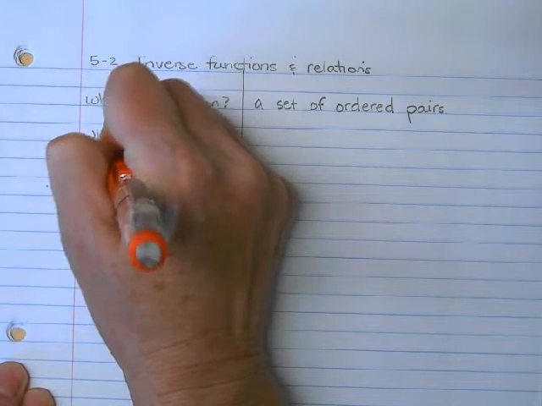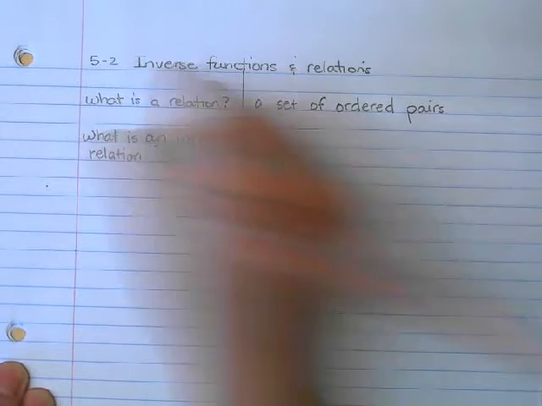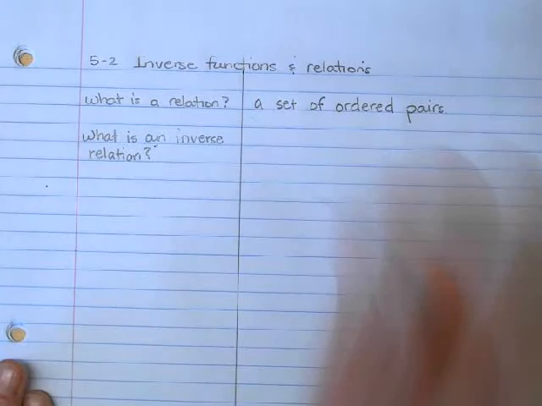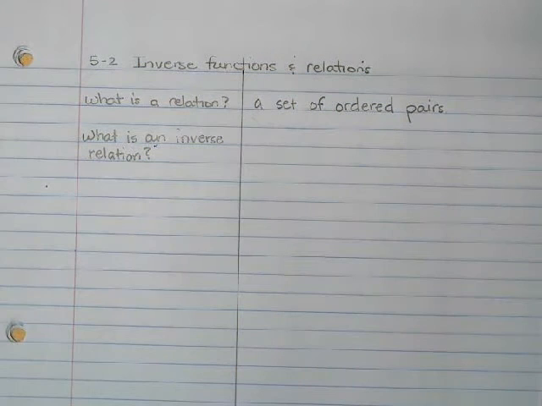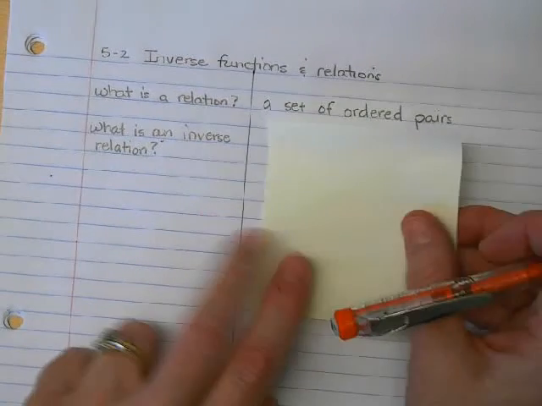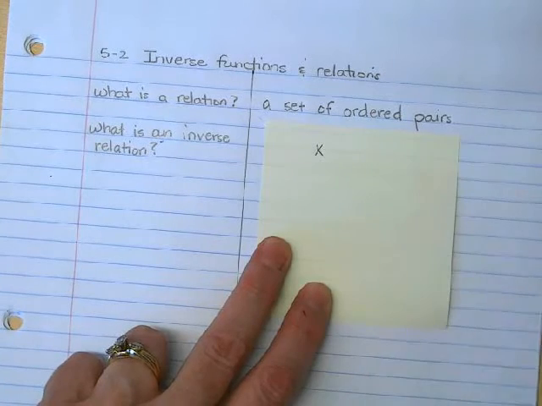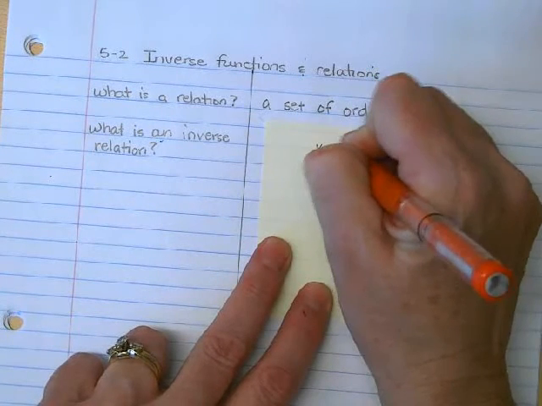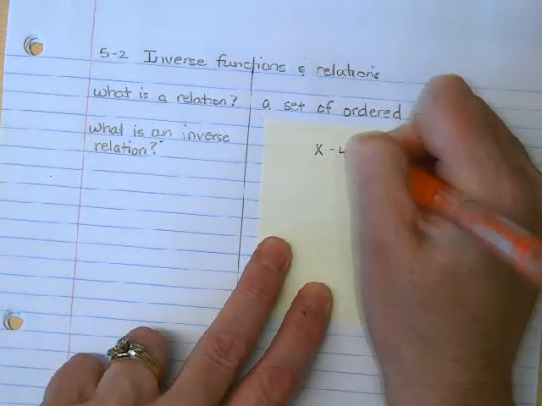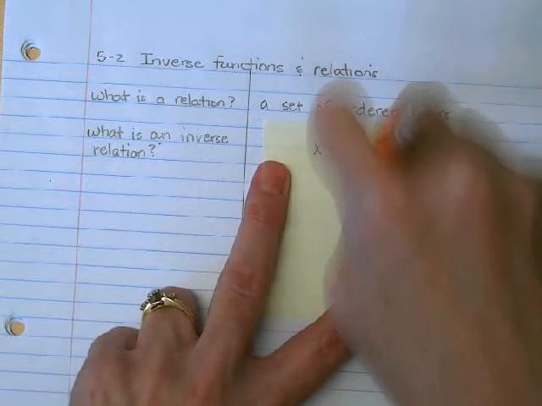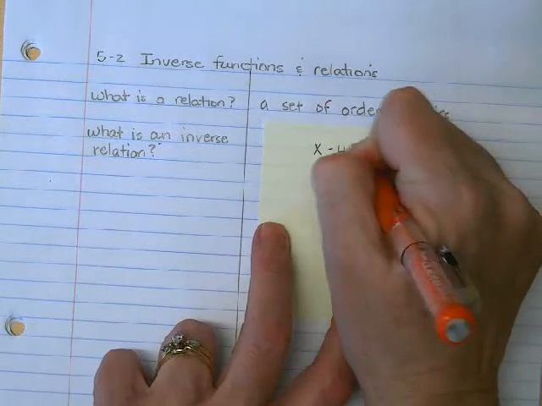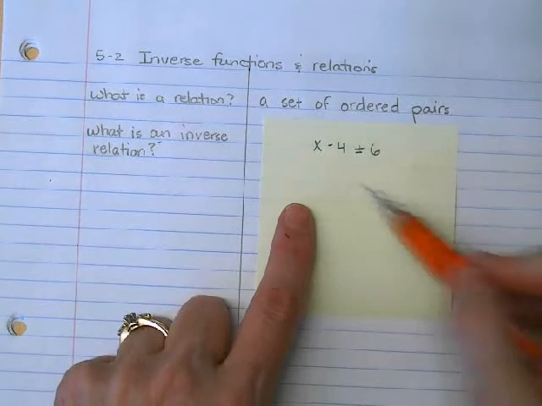Now, an inverse relation seems like a pretty abstract idea, but I want you to think of something really, really basic as far as how do we know where this thing is going? Back in 7th grade, 6th grade, we got a problem like this, x minus a number equals something, and we said, okay, how would we solve this?